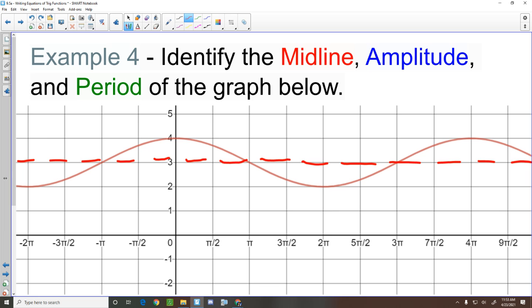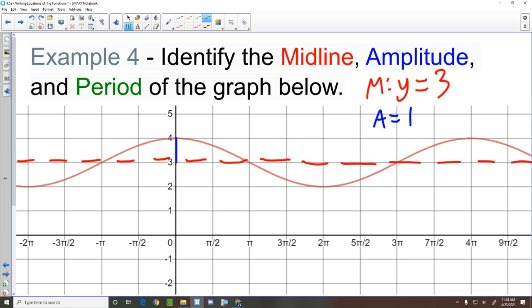So that midline would be at y equals positive 3. Amplitude is the distance from the midline to the crest or to the trough. It's going to be the same thing. Starting at the midline, measuring up, how far to that crest? Just 1 unit. So A would equal 1, amplitude of 1.